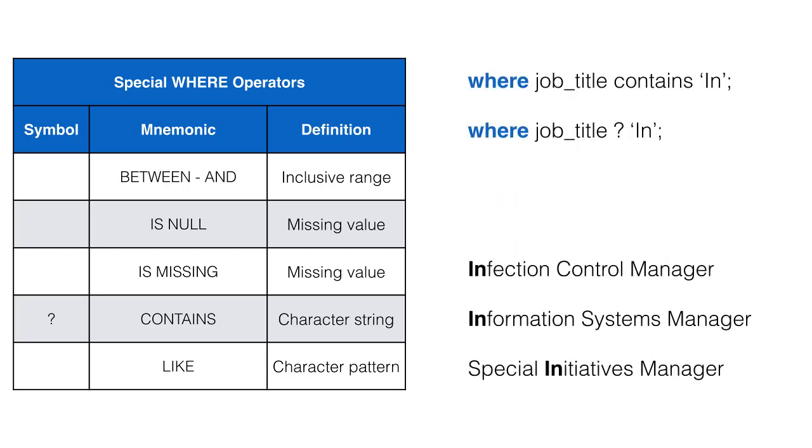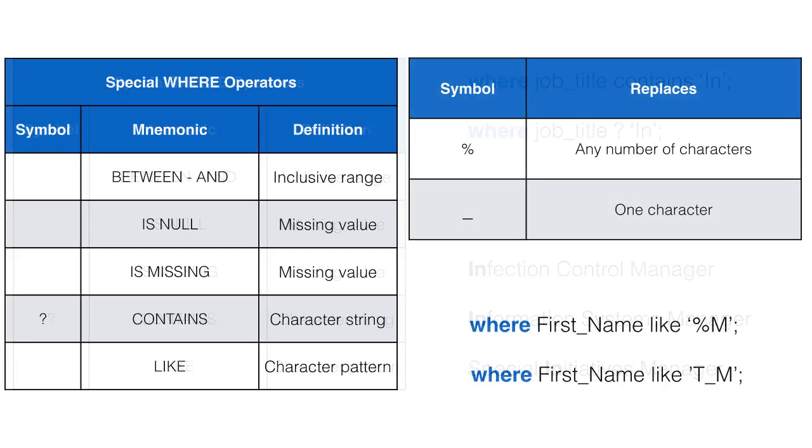For example, the where statements shown here select observations in which the value for job_title is Infection Control Manager, Information Systems Manager, or Special Initiatives Manager. However, the CONTAINS operator is case sensitive, so you must specify the substring in the exact case you want it to match.